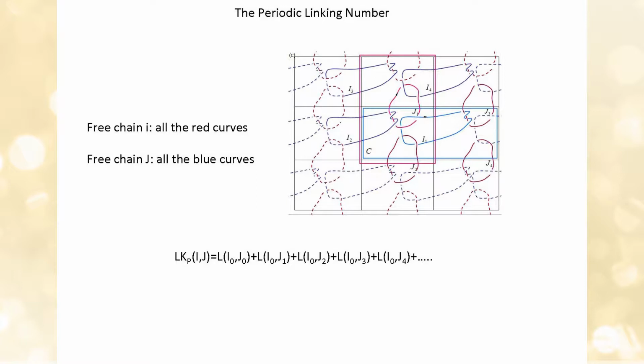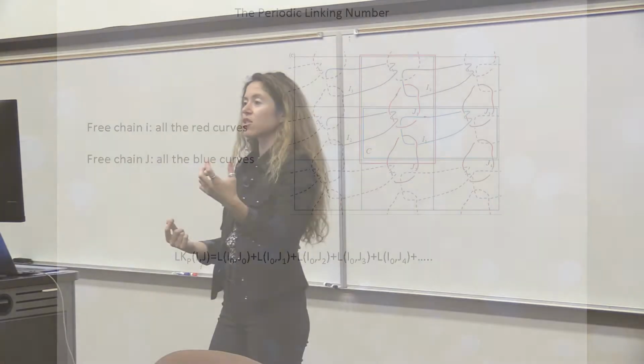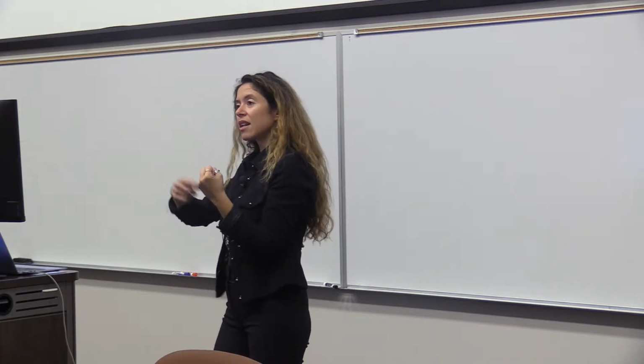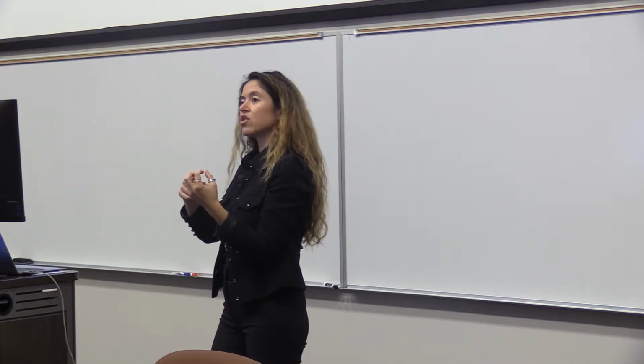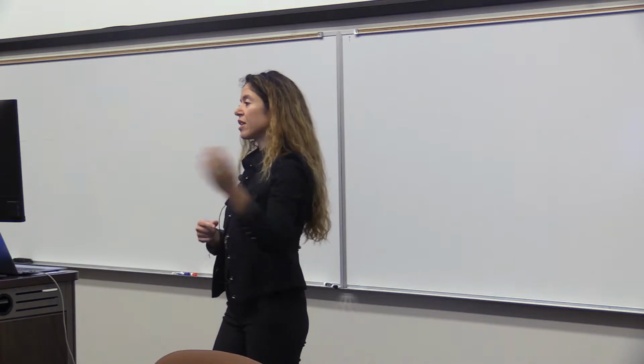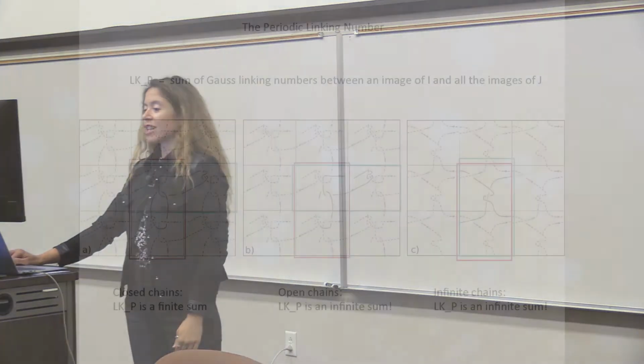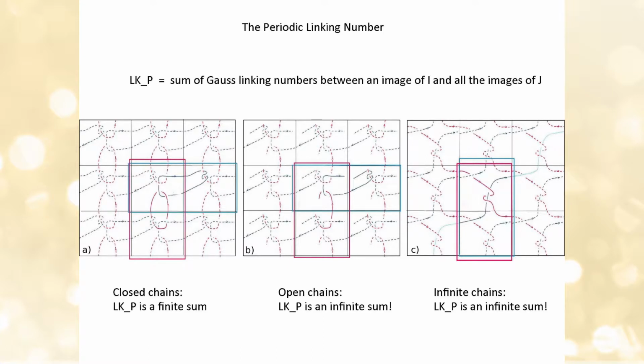I can do this for one red curve and add up all the linking it experiences with all the blue curves. Obviously, it doesn't depend on which image I take. So we extract unique information, a grain that has no repetitions, but that is repeated infinitely many times in the system. We can discuss later how we prove that.